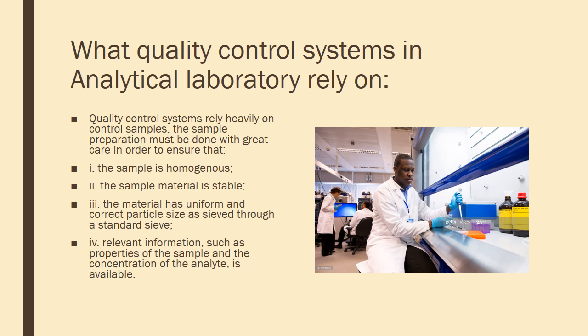Obviously, your results may not be reliable. So all the samples have to be subjected to the same conditions, the same sieve, the same temperature, and so on. And when your analysis is carried out, definitely you should be able to get a reliable result. Also, relevant information such as properties of the sample and the concentration of analyte is expected to be recorded.